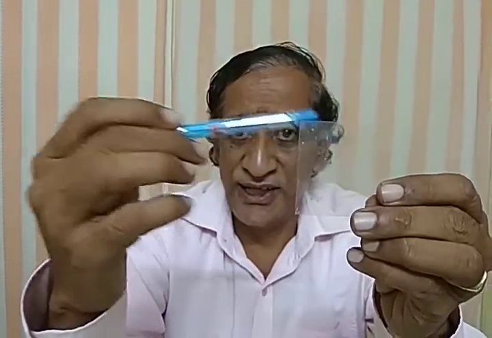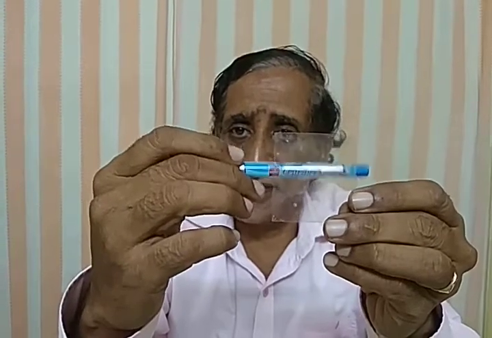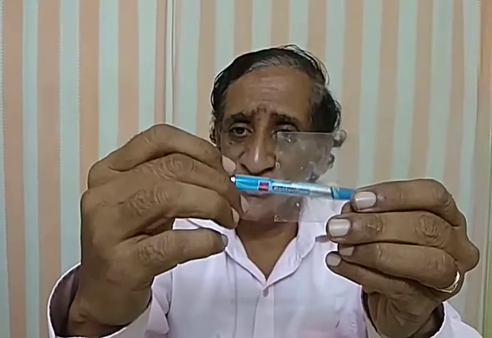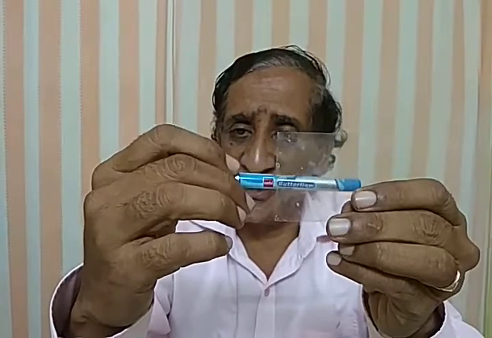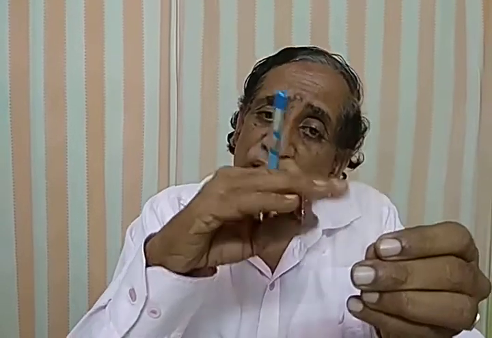You can observe things from the other side. That means the substance allows the light to pass from one side to another, and we call these transparent objects.